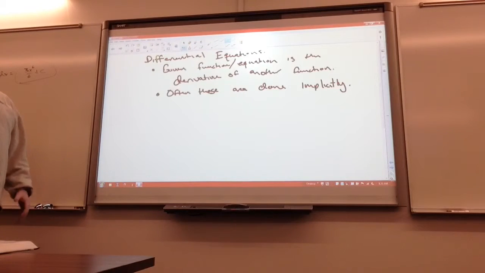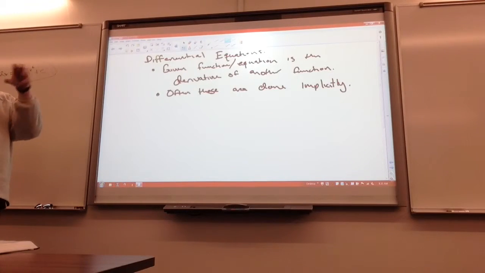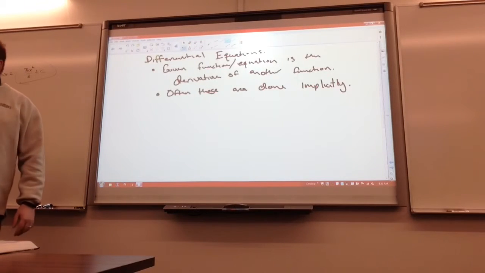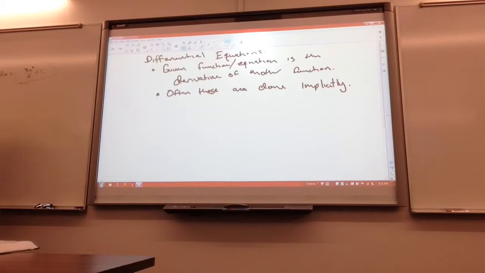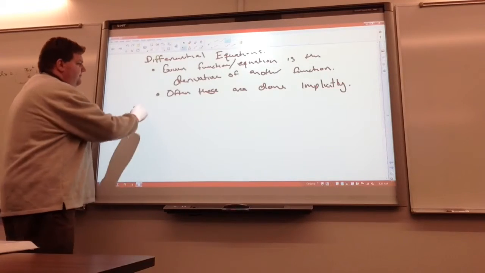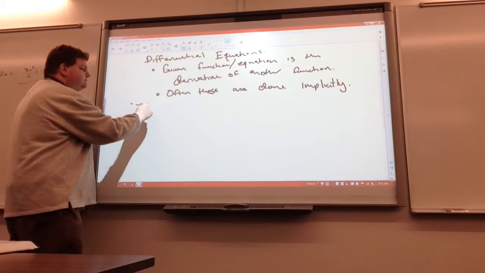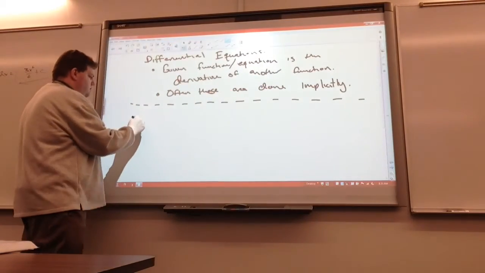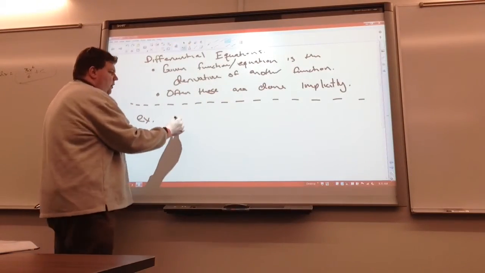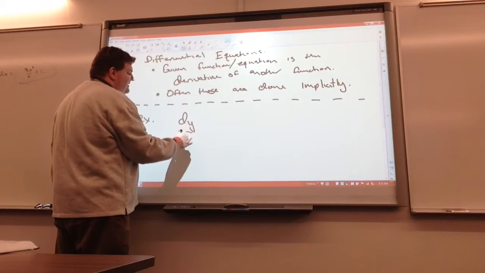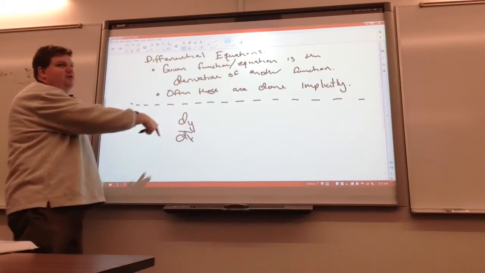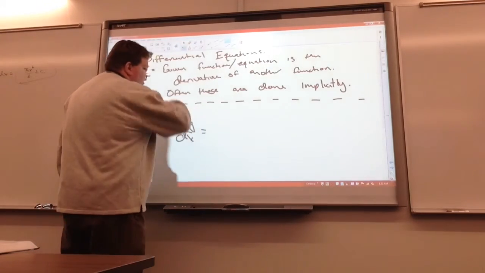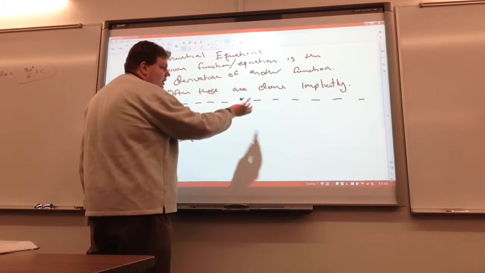And the idea is we're just working backwards to recreate the original equations, okay? An example of what a differential equation might look like is, they're always written as dy by dx, or d of some variable by d of some other variable, is equal to whatever our function is.